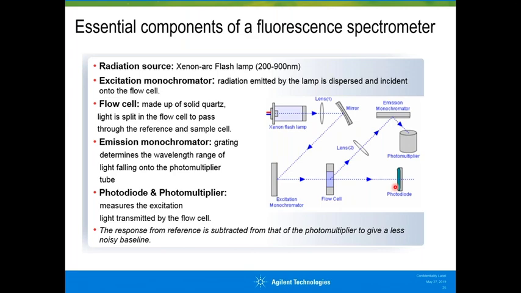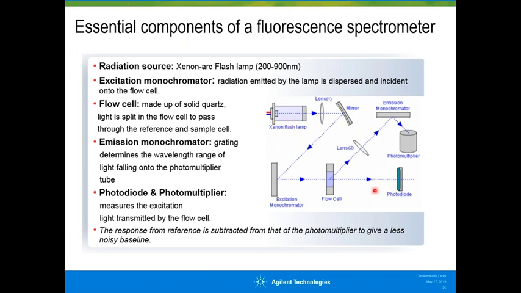This diode will measure the excitation light transmitted by the flow cell and correct flash lamp fluctuations in long-term intensity. So there is an option of keeping a reference wavelength during your analysis. We feed in an excitation wavelength, we should know an emission wavelength, and we can keep a reference wavelength so that any fluctuations due to the flash lamp can be corrected.